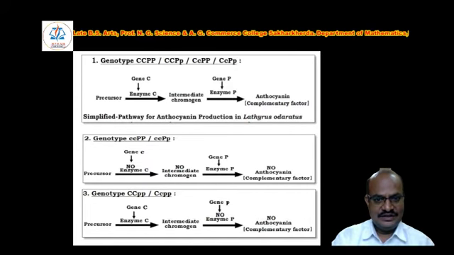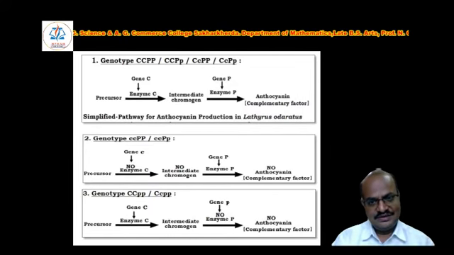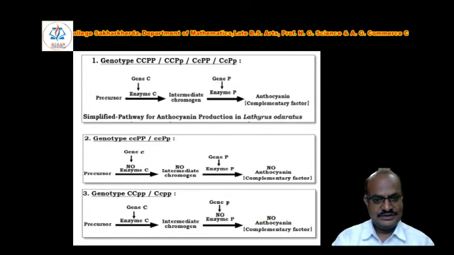Simplified pathway for the anthocyanin production in Lathyrus odoratus. In the second case, in that step, the first anthocyanin chromogene intermediate formation has been blocked. Here there is no intermediate, and chromogene formation will not take place in the absence of capital C. But the presence of capital P will not form the anthocyanin pigment because chromogene is absent.